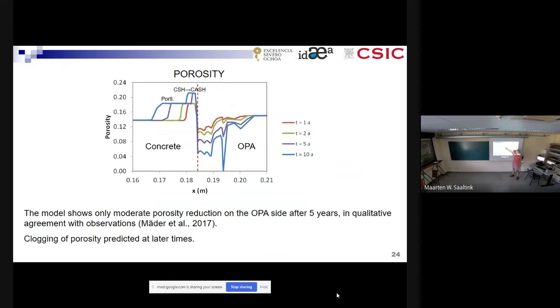You see a decrease in porosity, but it's not so dramatic compared with the initial porosity. So later on, we should expect a much larger change in porosity. At 5 years, the change in porosity was small. Okay, so in principle, qualitatively okay. We reproduce that with just this predictive model.